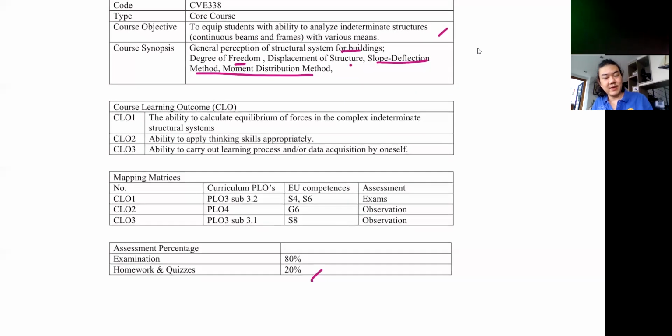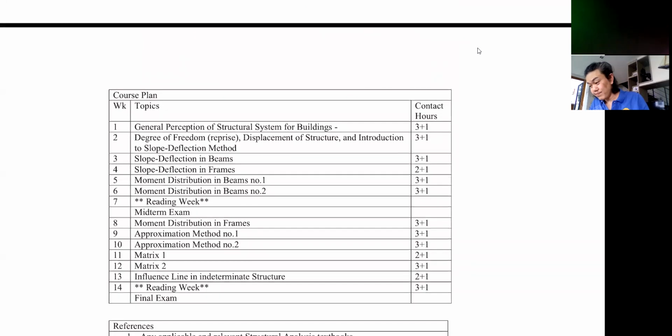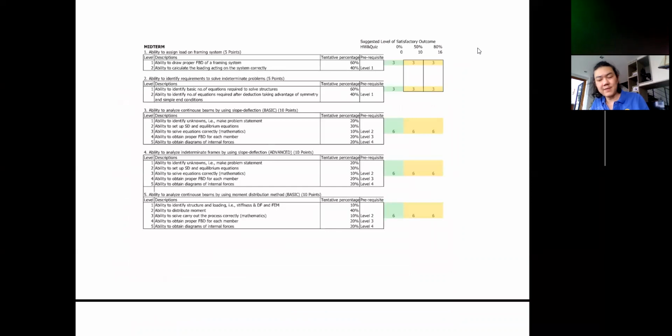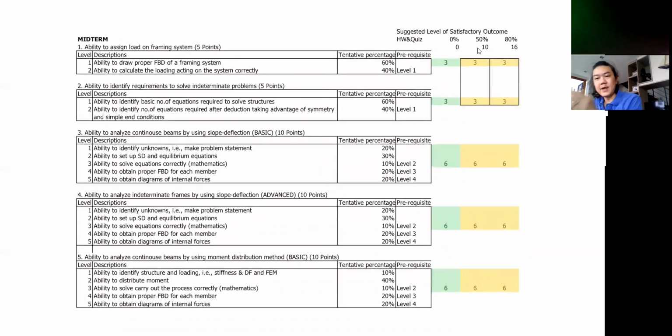Keep in mind that CVE341 is not finalized yet in terms of percentage, but this is not that class, so let's skip the talk about that, okay? This is the hours that we use, and the plan has been mentioned in the timetable, so that's it, okay?